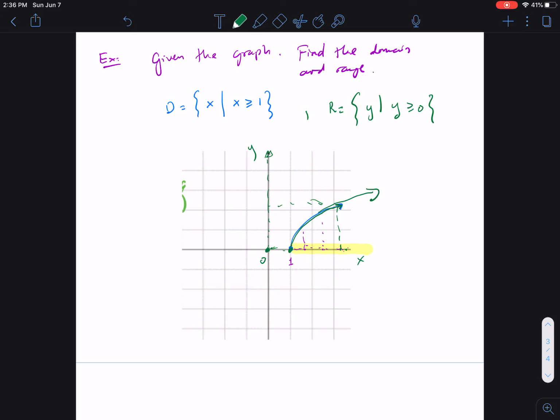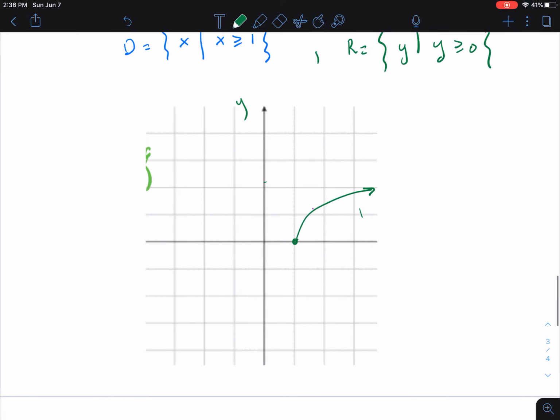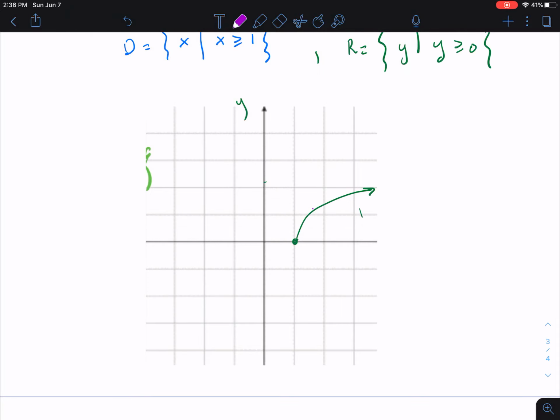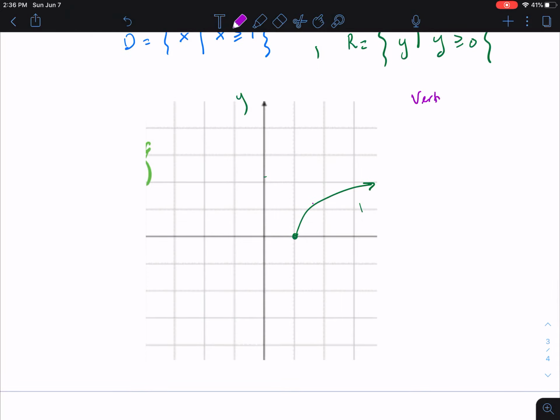So how do we do that? So let me go ahead and erase this again, and I want to redraw the graph. Okay, so let's say this is the graph again, okay, how can we determine this graph is a function? So there's this thing called the vertical line test.